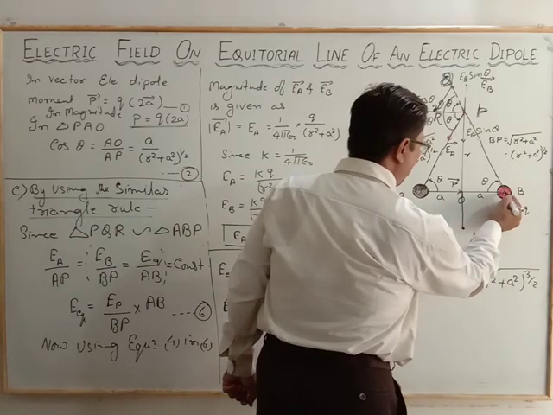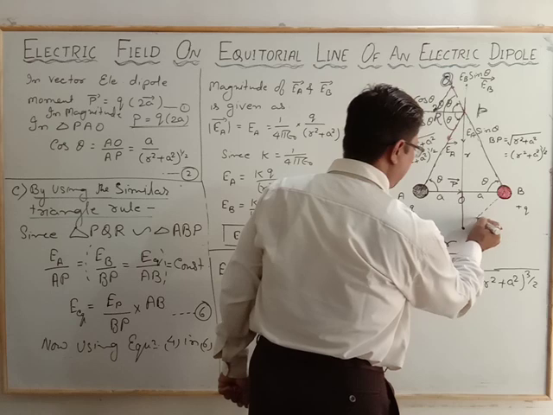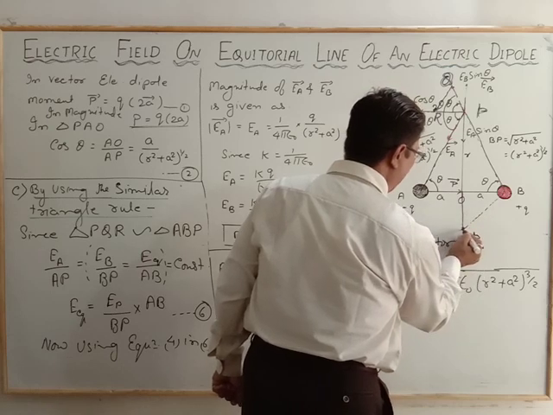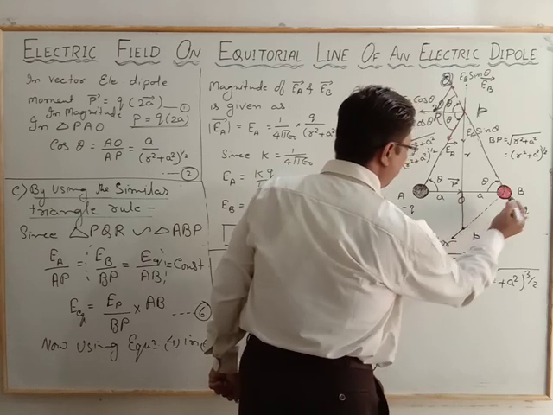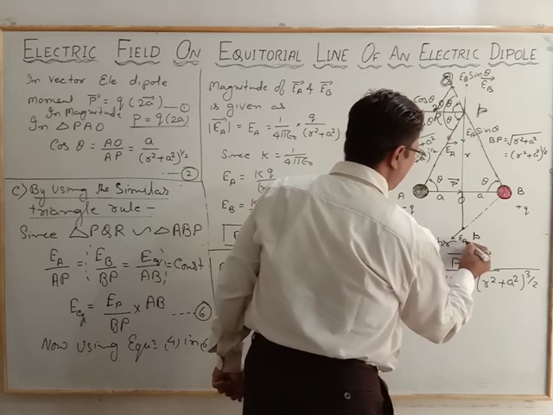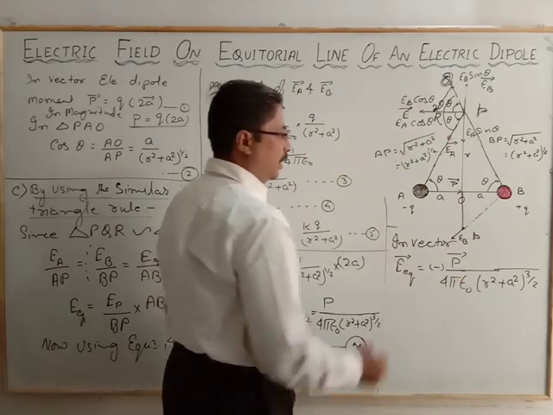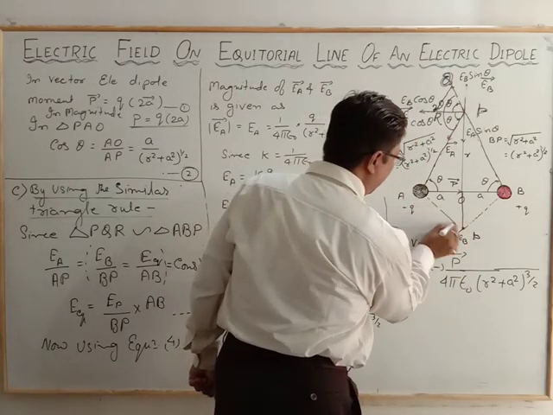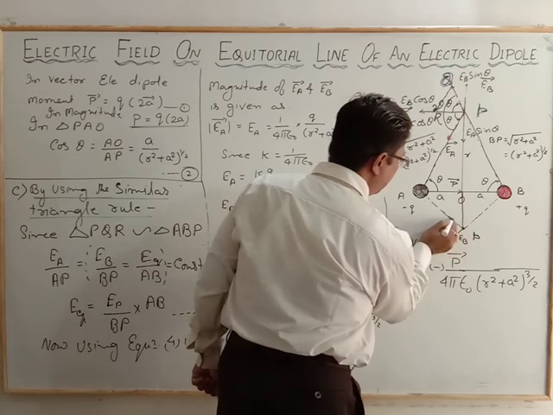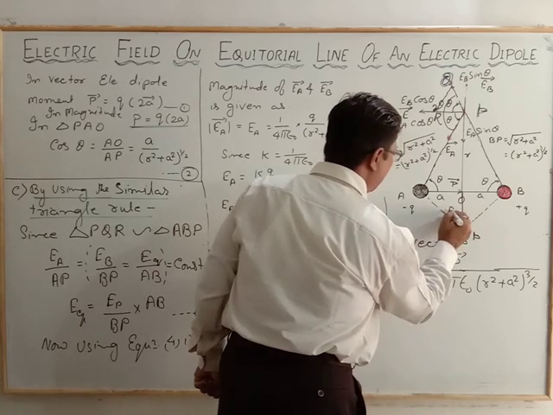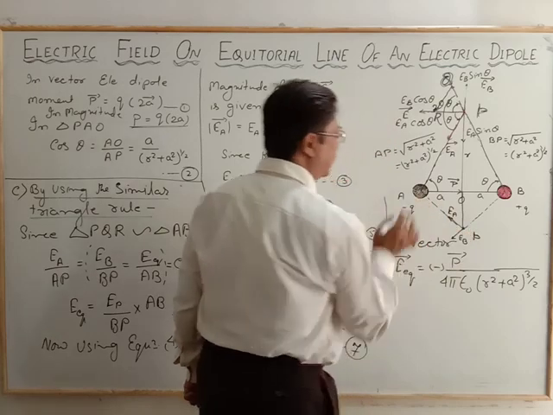Now, this is the positive charge, and the direction of the field is from this, EB, which is outward. And from here, the direction is here, it is EA, towards the negative charge.